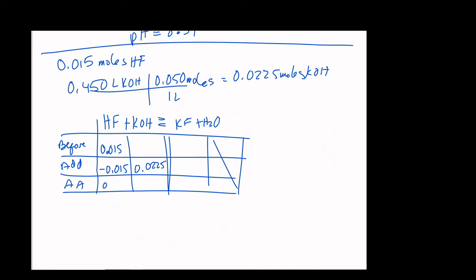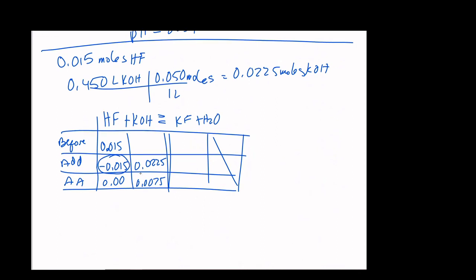And so we're left with no HF, but we subtract the amount of KOH we lost, and we get 0.0075 moles of KOH. So we lost the 0.015 moles of KOH, so we had to subtract 0.015 from that, and we end up with 0.0075 moles of KOH, and we get 0.015 moles of KF, okay?